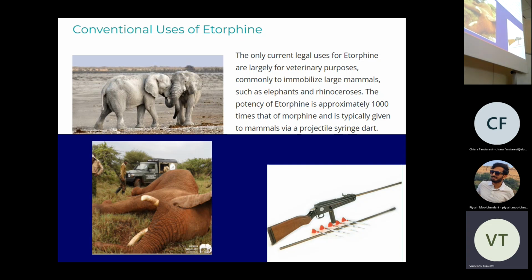This is the problem. We start from the protonated form, 97%. 3% is unprotonated and crosses the blood-brain barrier. When it arrives inside the CNS, it is transformed again into the protonated form. Do you understand? This is the situation.